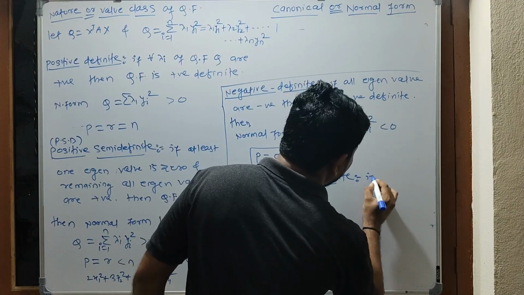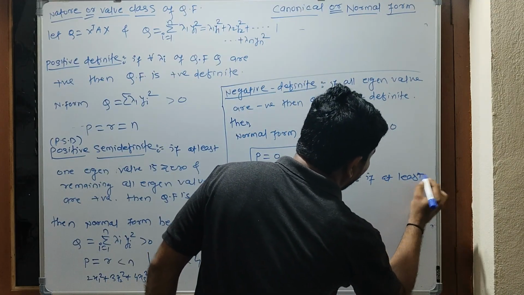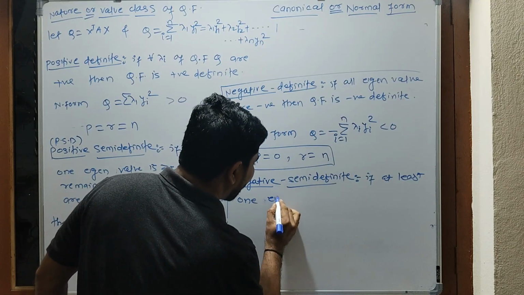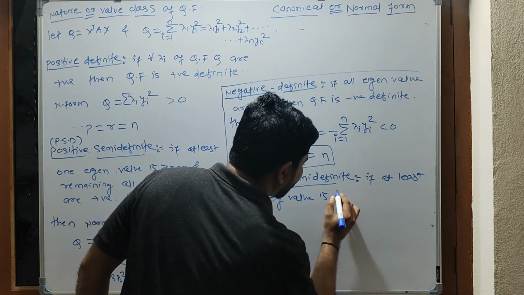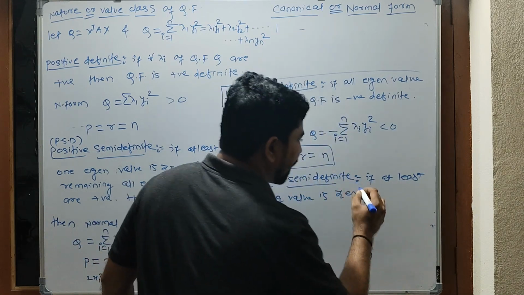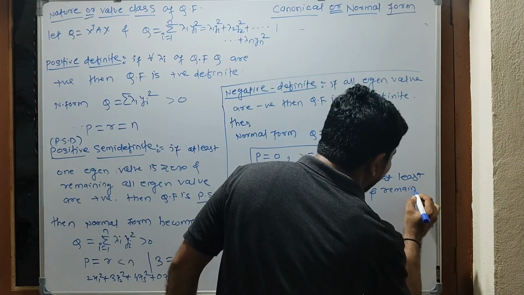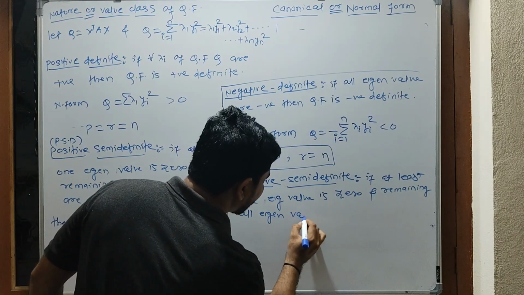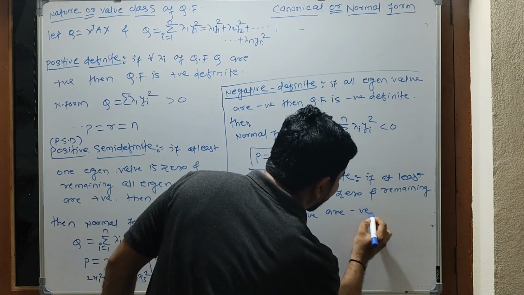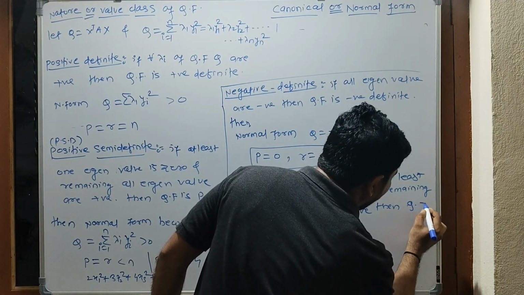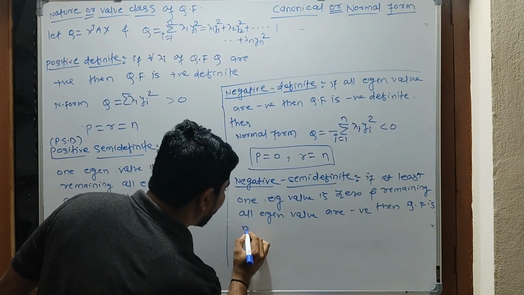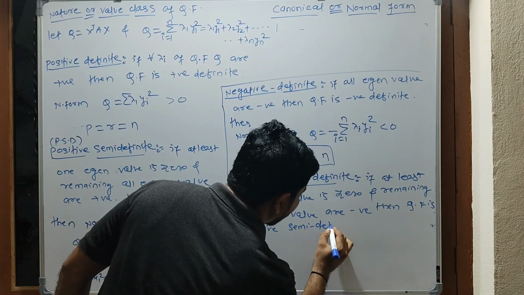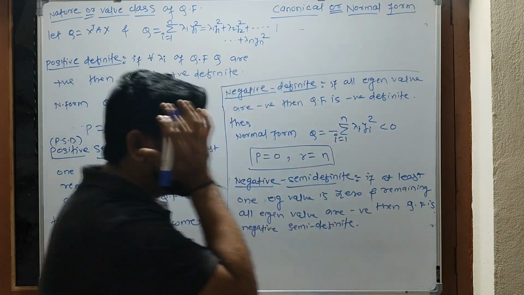Here, if at least one eigenvalue is 0 and all the remaining eigenvalues are negative, then the quadratic form is negative semi definite.